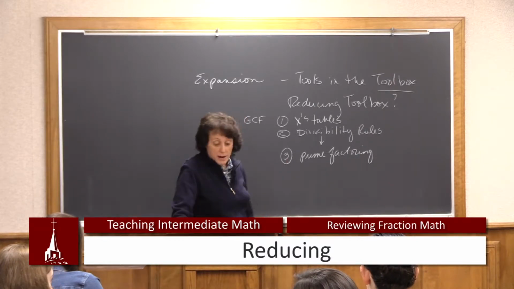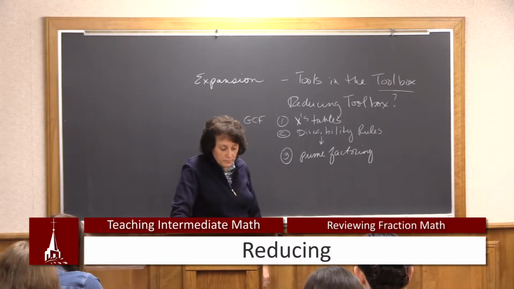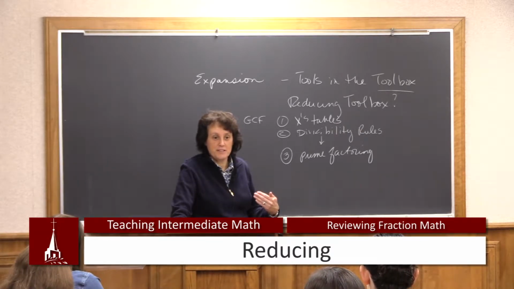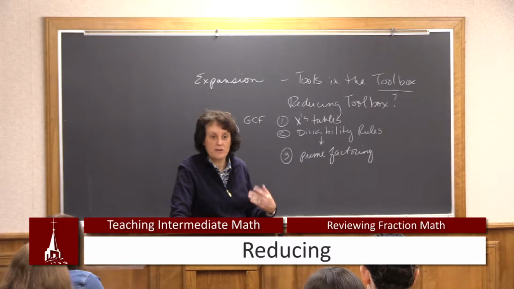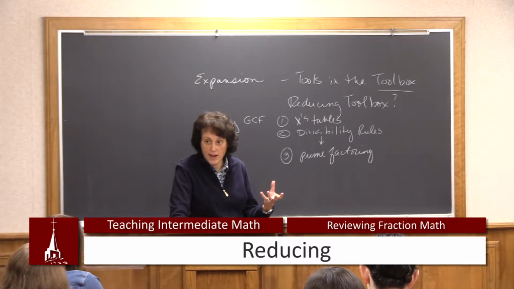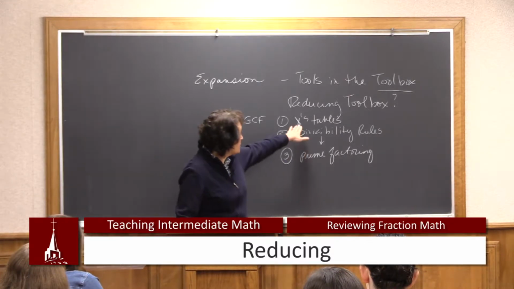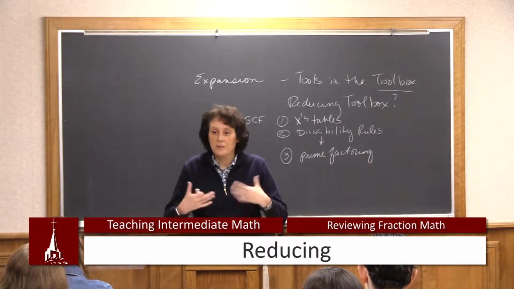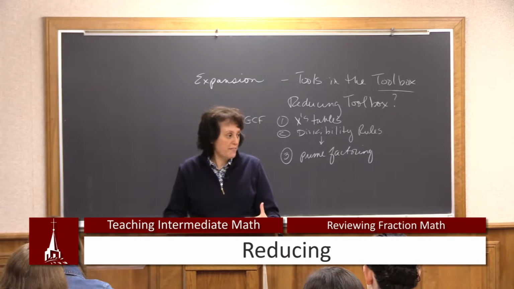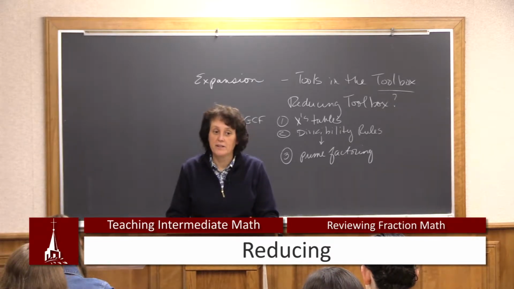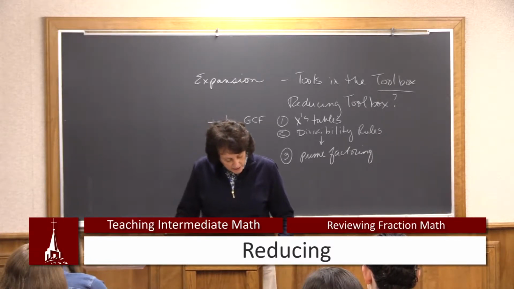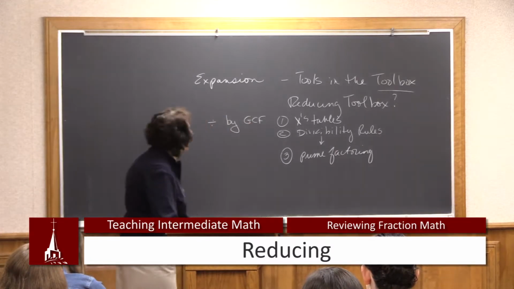But if you use the prime factoring, it gives you steps to do instead of sitting there and staring at it and trying to think of common factors off the top of your head. That's what you're doing with the times tables. You're looking at the problem and you're thinking of something in your times tables off the top of your head. But with the prime factoring, you can reduce any number by putting it into its prime factored form and then canceling. So let's just review.